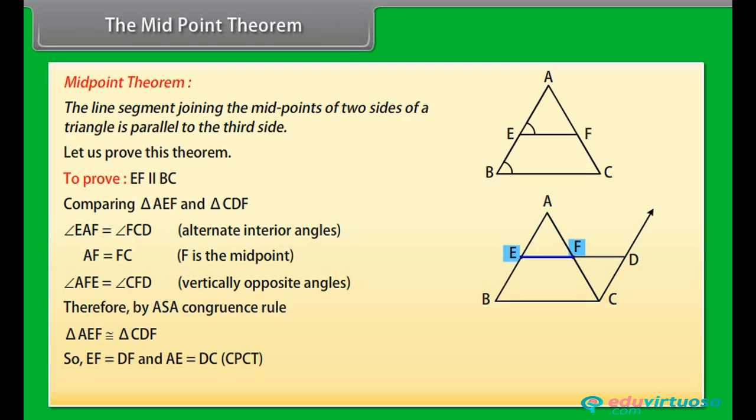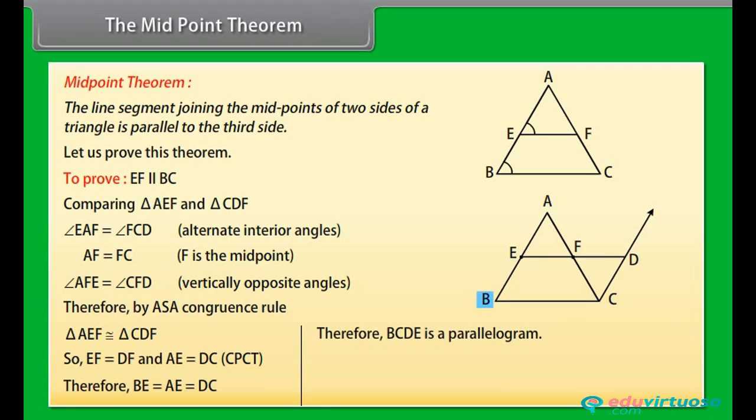So, EF is equal to DF and AE is equal to DC by CPCT. Therefore, BE is equal to AE, which is equal to DC. Therefore, BCDE is a parallelogram. This gives EF parallel to BC. Hence proved. Also here, EF is equal to 1 upon 2 ED, which is equal to 1 upon 2 BC.